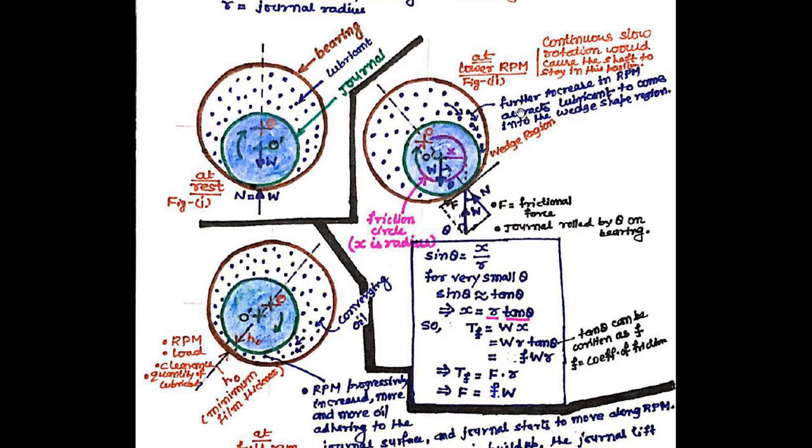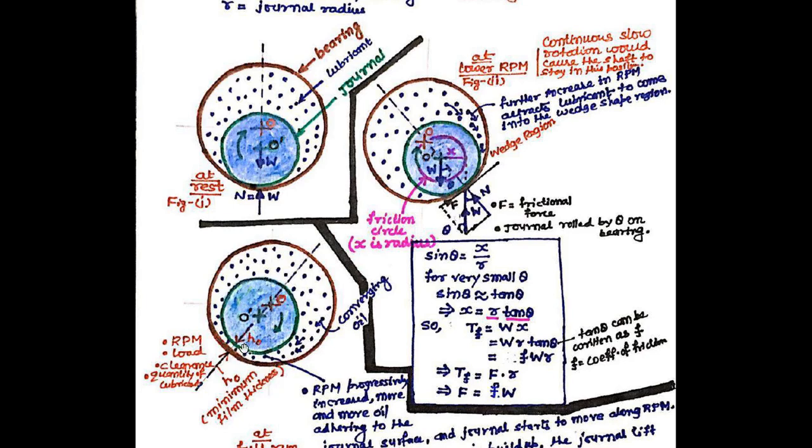Now look here, further increase in RPM attracts lubricant to come into the wedge shape region, and at this position, one position occurs where the film thickness is minimum. This is denoted by h0. h0 is the minimum film thickness.